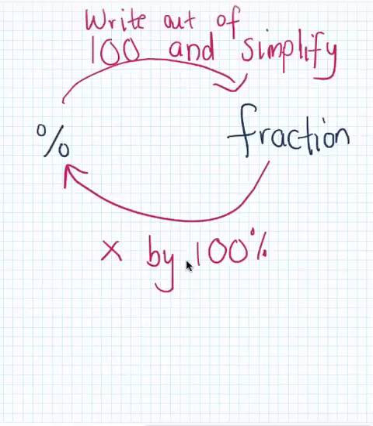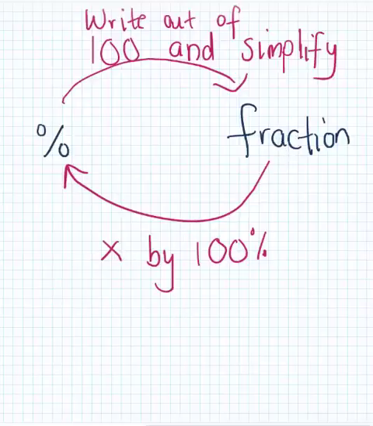Now, to sum up what we just covered, if you're more of a visual person, this might make sense to you. If we have a percentage and we want to turn it into a fraction, just follow the arrow, and that tells us all you have to do is write the number out of 100 and simplify. Or if you have a fraction and you want to turn it into a percentage, just times by 100%.